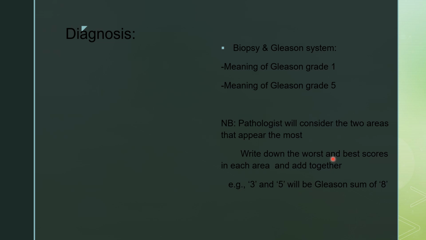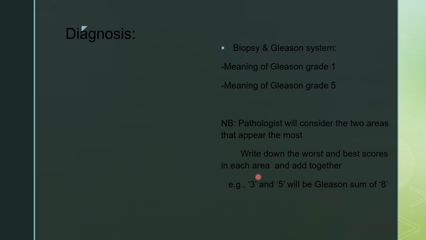When you look at the result and you find two figures, like one on the left and the other on the right, like 3 plus 5, giving you the Gleason sum of 8, take note of this. The 3 is the most appearing grade. Okay?